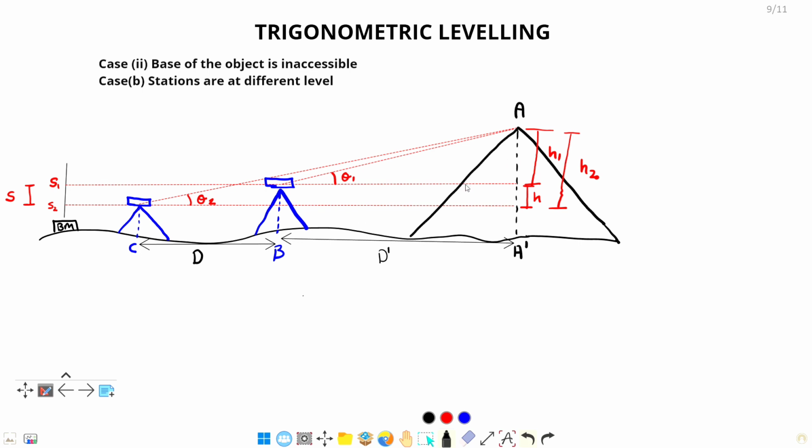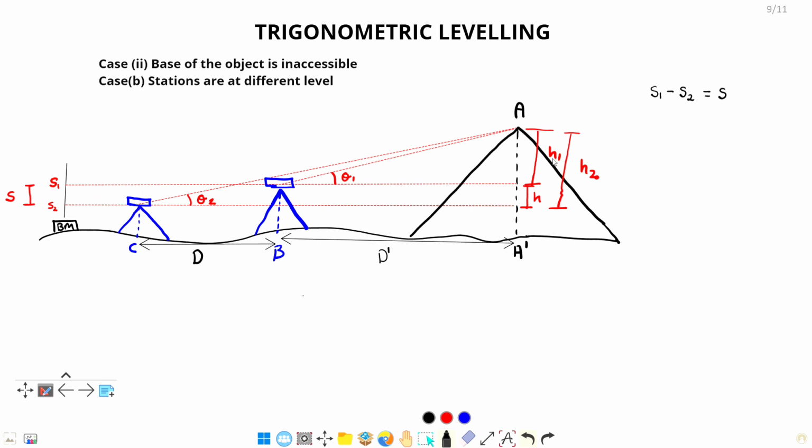So first just try to understand that S1 minus S2 is representing the difference of height of instrument between both the points, the difference of level at both the station points.